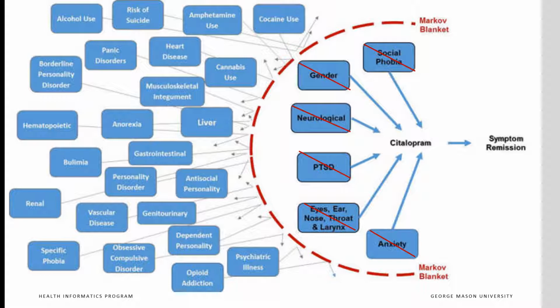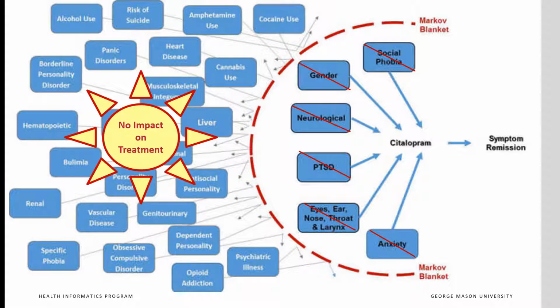We show the parents inside the Markov blanket and the rest of the covariates outside and before the parents. The covariates that are outside the Markov blanket are not related to treatment, as indicated by Lasso regression and verified by stratified covariate balancing.